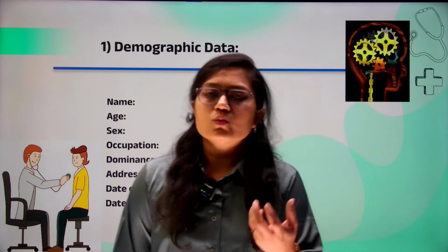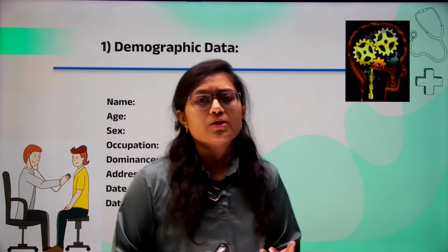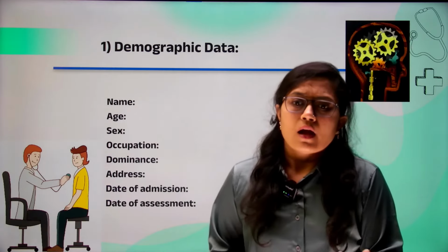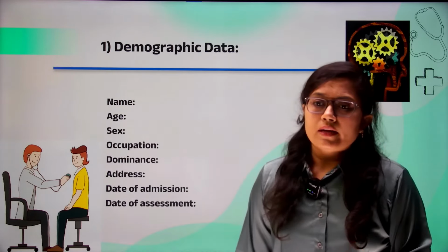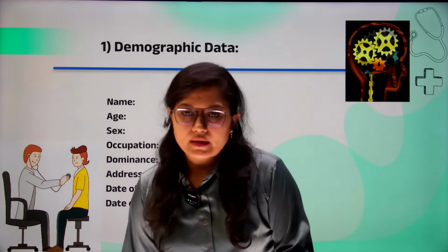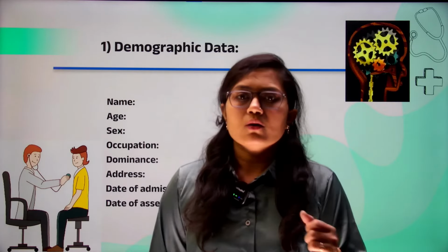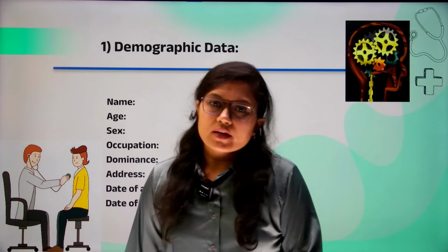Then the address, to know how the patient is traveling and commuting. Then we are going to see the date of admission, so that we can get to know when the patient has been admitted, what the patient's diagnosis is, what the prognosis is, and how the progression has occurred.